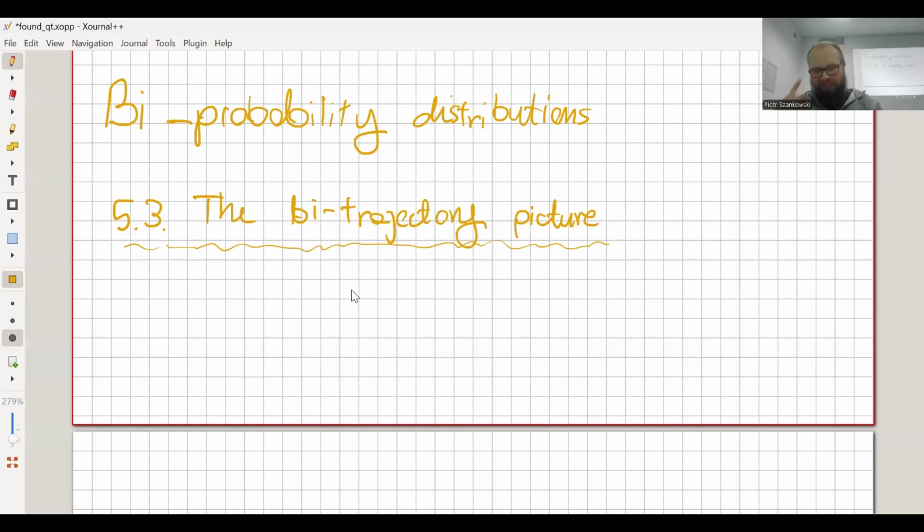Bi-consistency is one condition you have to fulfill. It's analogous to consistency for the standard Kolmogorov extension theorem, which gives us this master distribution and the whole trajectory picture.